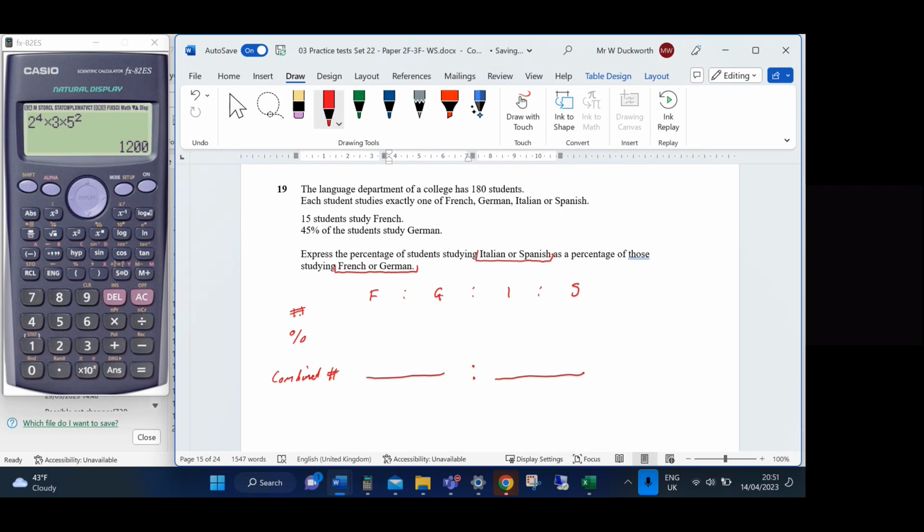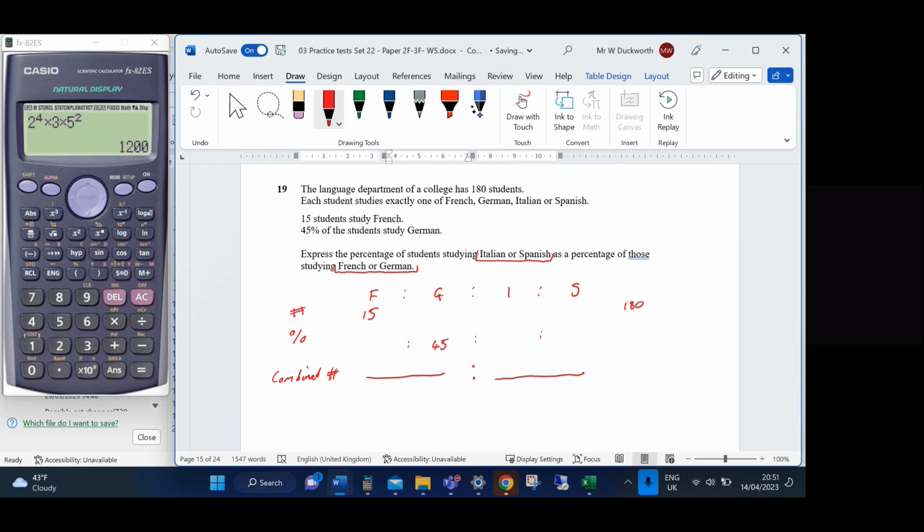Right, so starting off, we're told that we've got 180 people in the college. We're told that 15 of them study French. And we're told that 45% of the students study German. Okay, so I want combined numbers.